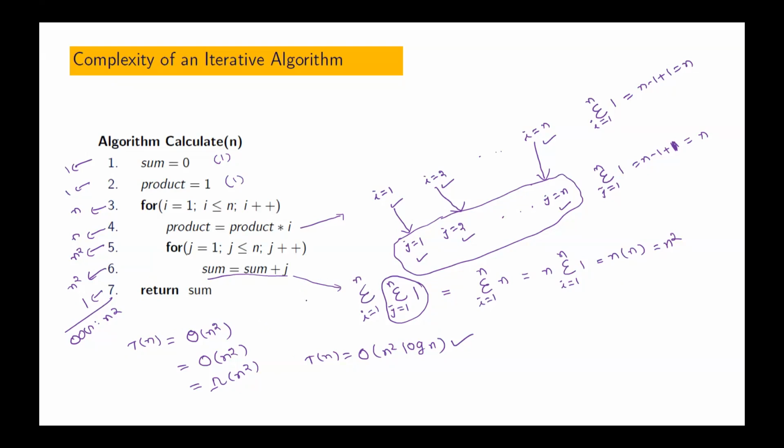Is the statement clear? I can also represent it as big O of n factorial. Is that wrong? Is this correct or not?